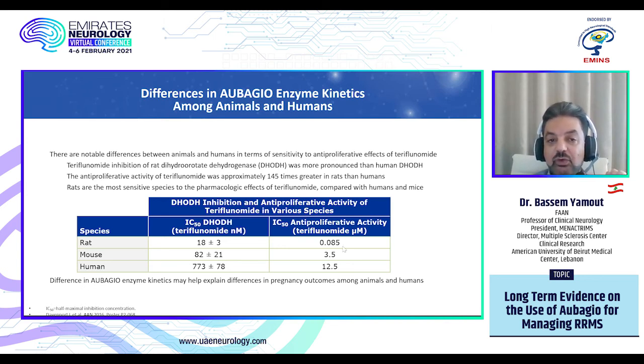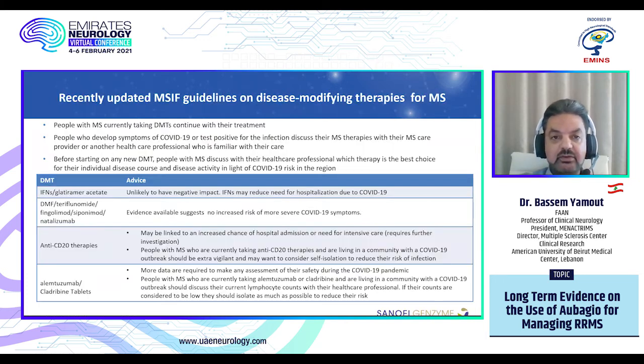And actually, if you look here, the anti-proliferative effect of teriflunomide was approximately 140 times greater in rats than in humans. And this probably explains why at the same dose, kilogram by kilogram, the drug was teratogenic in animals, but not in humans. Of course, it's not enough to change the label yet. We're going to need more cases, but hopefully in the future, this label will change regarding the safety of teriflunomide in pregnancy.